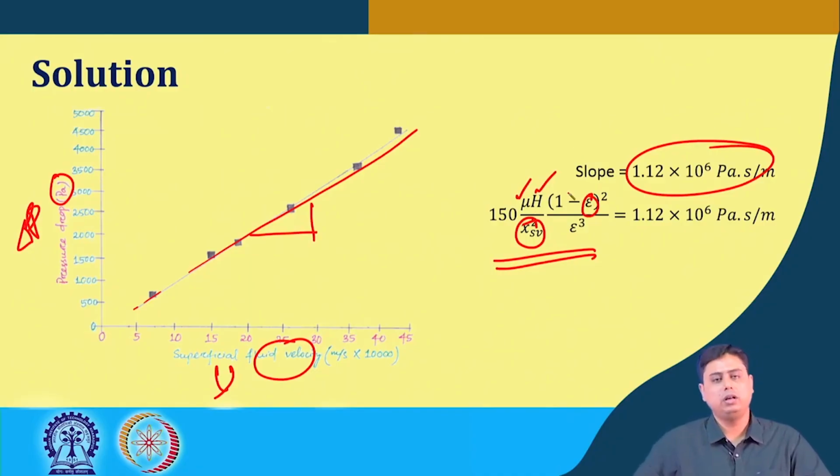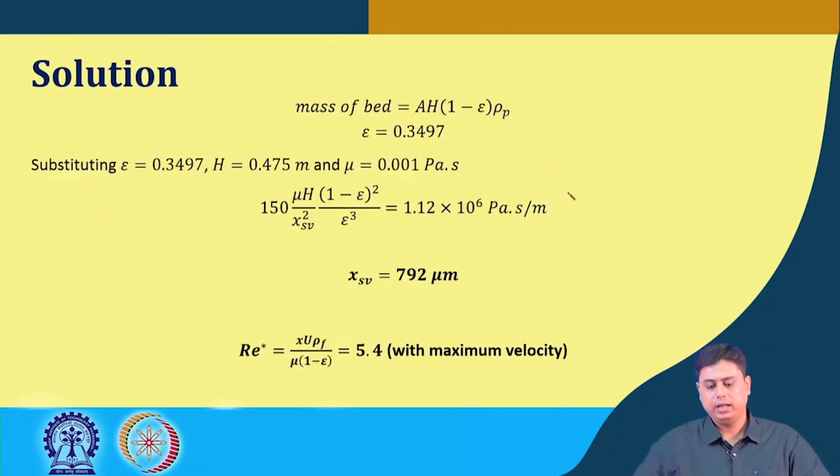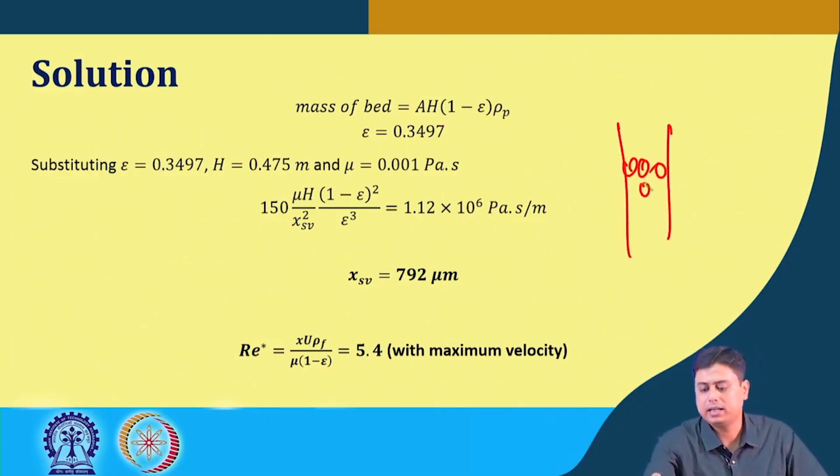Epsilon was not directly mentioned, but it is given in terms of the mass of the bed. Now, the mass of the bed is the volume of the solid particles multiplied by its density. Since this is a stack of particles, there are voidages inside through which flow happens.